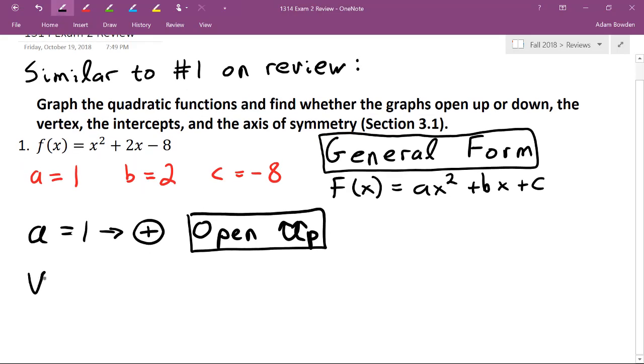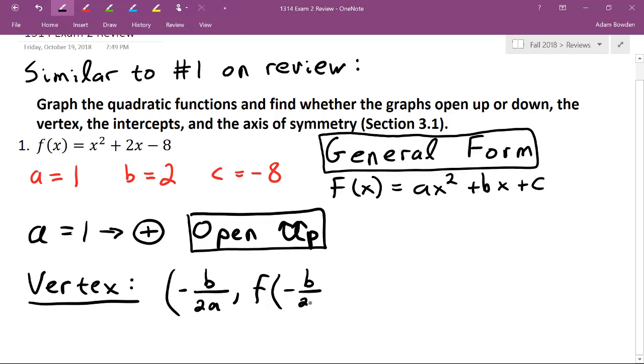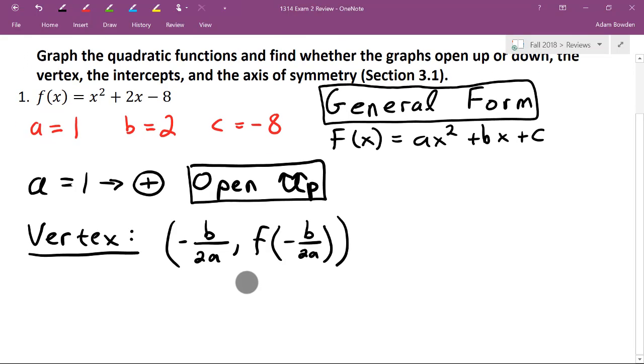Okay, and then next we're going to need to find the vertex. The vertex is found with the formula negative b over 2a, comma, f of negative b over 2a. So the first part of this vertex is the x-coordinate, and the second part is the y-coordinate.